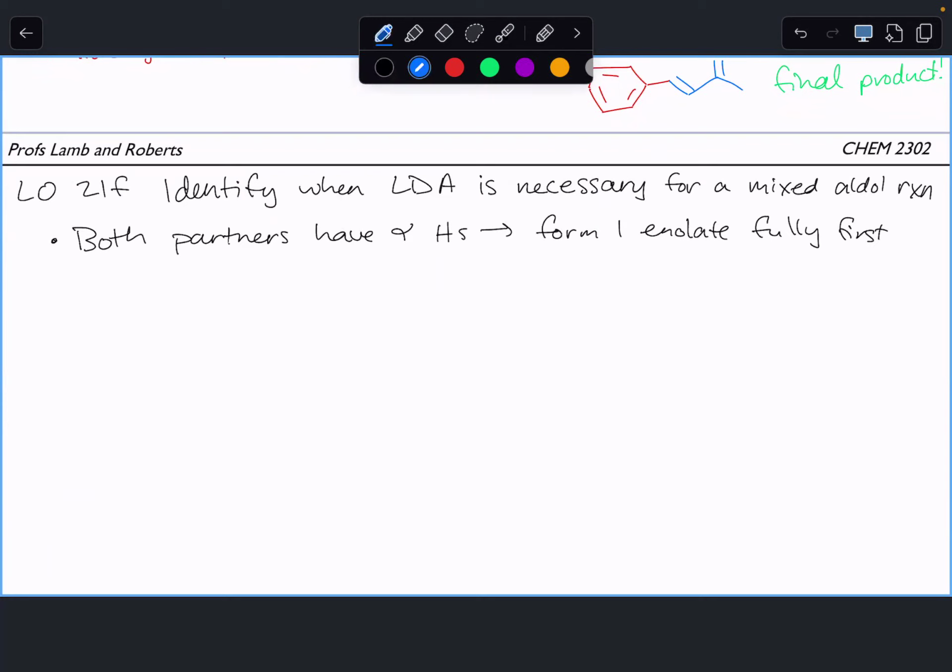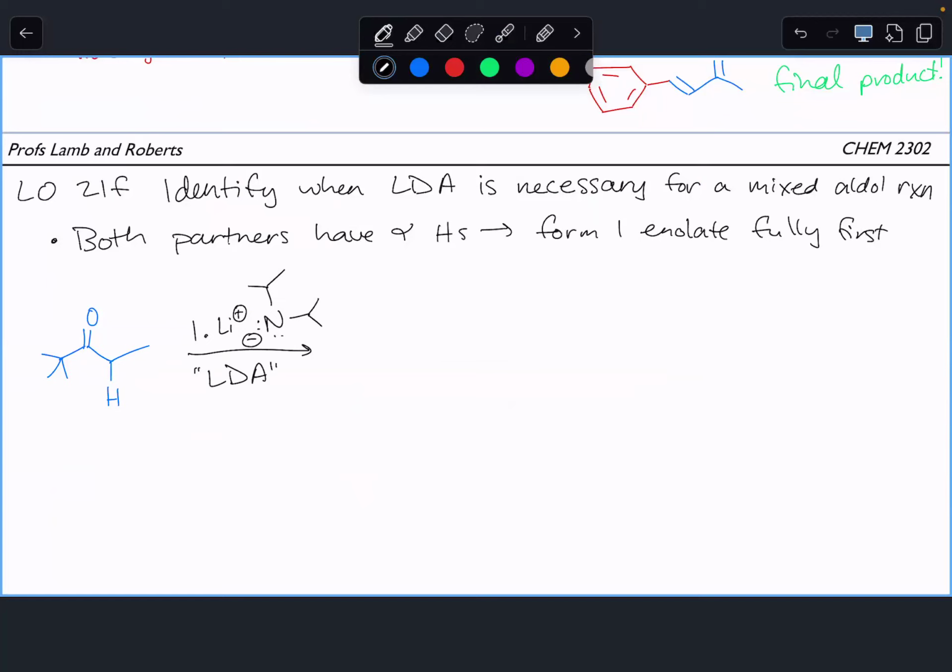If we have something like this ketone, it has alpha protons on the right side. So in the first step, we can mix it with LDA. So again, I'll draw out the structure of LDA. So this is diisopropyl amide, LDA.